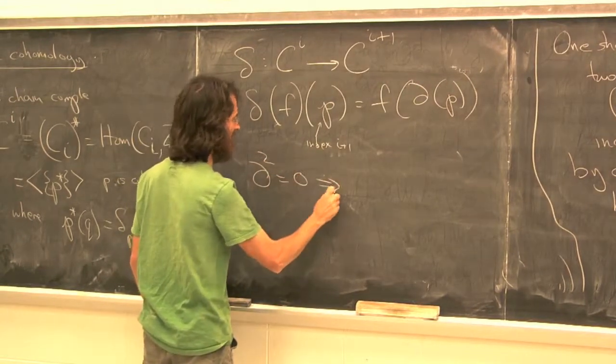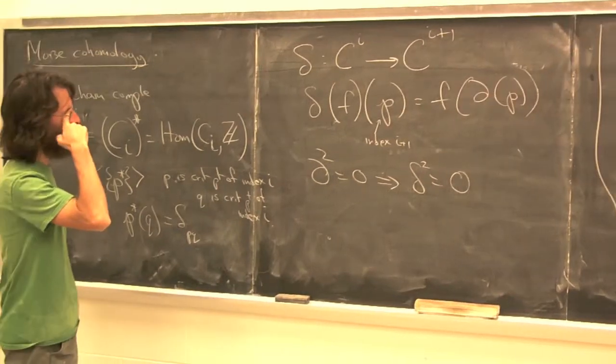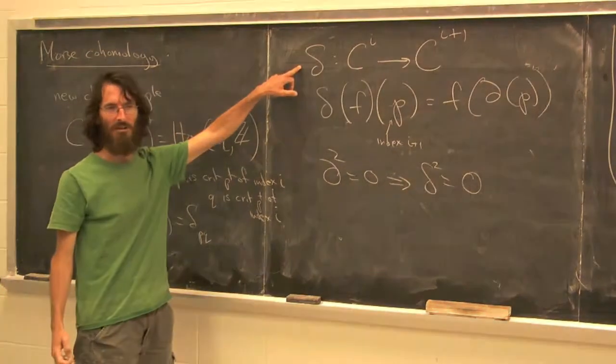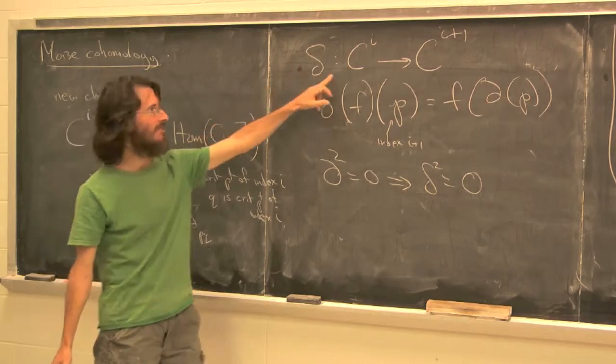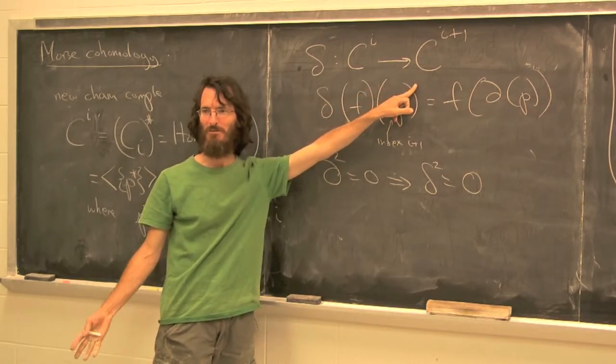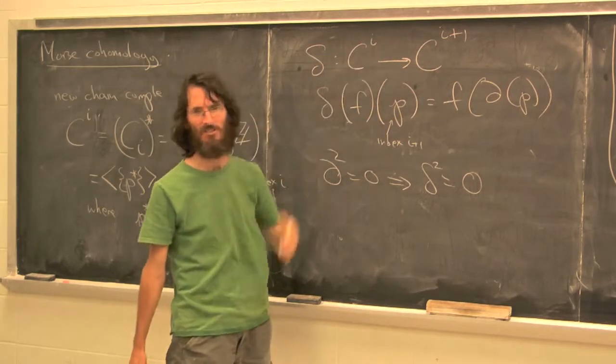It implies delta squared equals 0, which means you can now take the homology of this chain complex. Anytime you have a chain complex in which the boundary map increases index, it's arbitrary to call this index up or down, but if you increase the index, you call it cohomology.